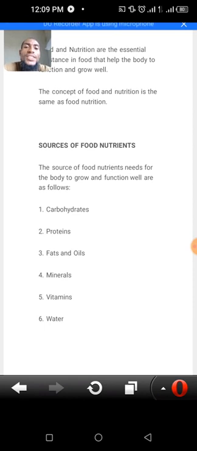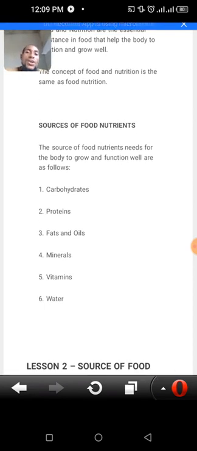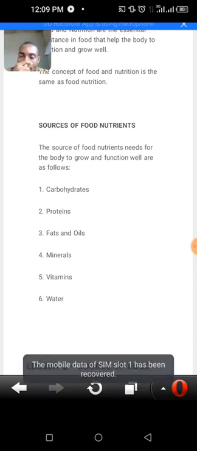Now, the food nutrients can be gotten from the six classifications of food. And what are the six classifications of food? They are what? Carbohydrate, protein, fat and oil, minerals, vitamins, and water. So these are what we call the classification of food. Right?